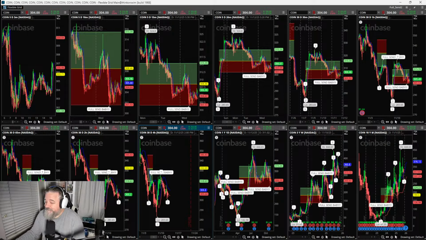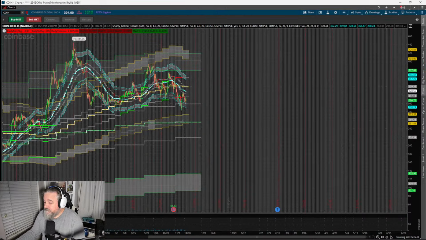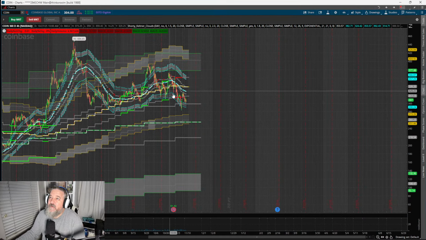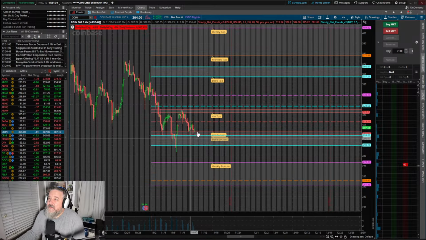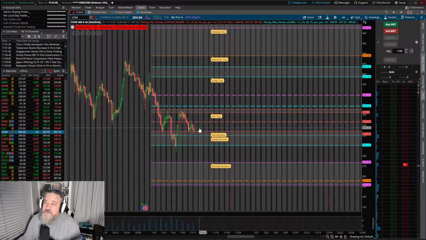What's up, everybody? So hopefully this makes sense. That's what we're looking at on Coinbase. It would even be ideal for them to come down as low as 299.82, but the way that we trade these, I'm sure you guys know, is I look to get in as price is moving up.